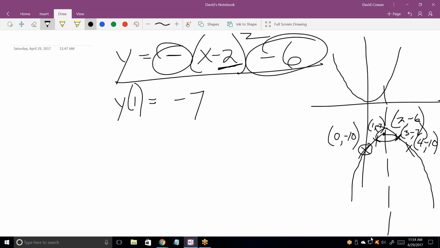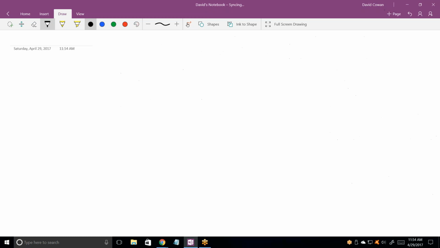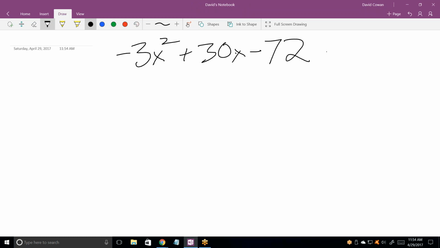Okay. All right, so then it gives me the quadratic negative 3x squared plus 30x minus 72. Is that equal to 0 or not?